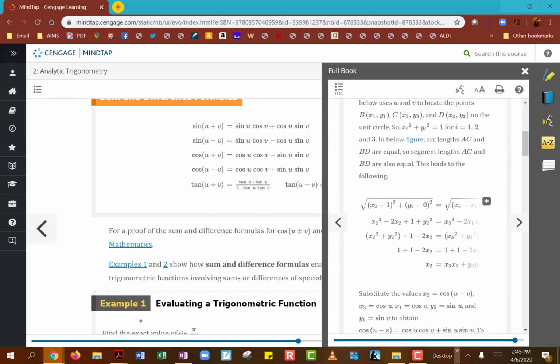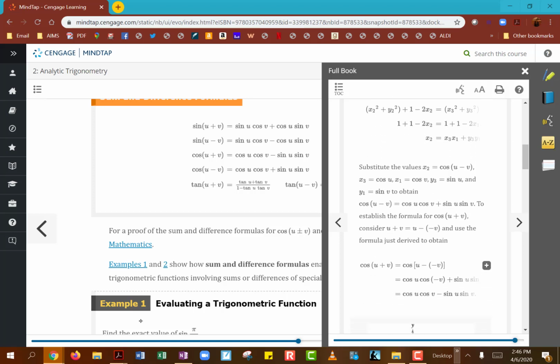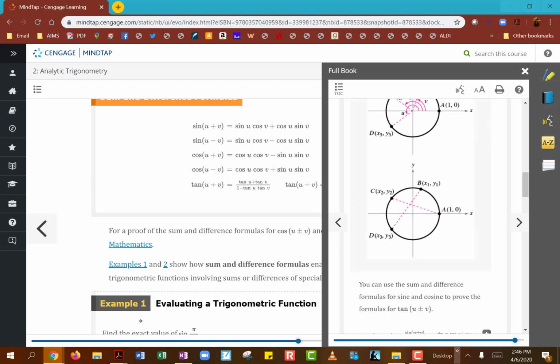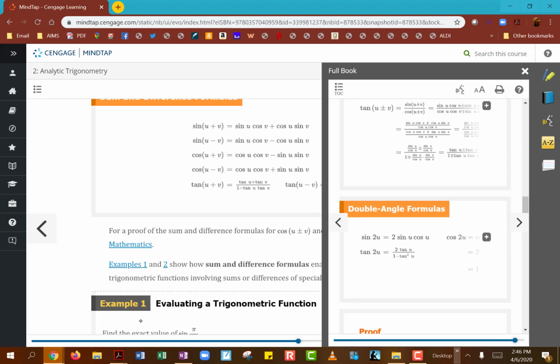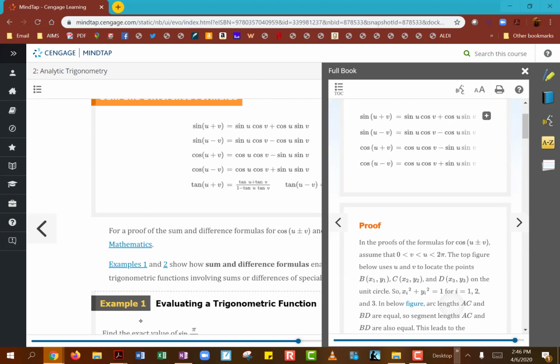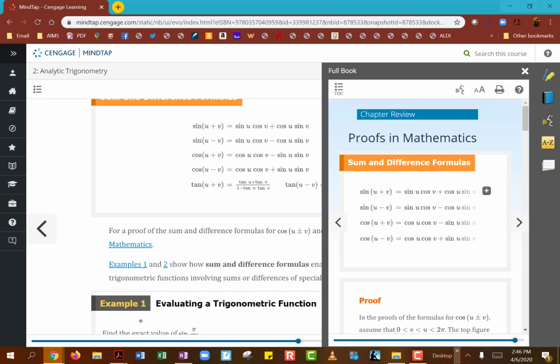They're trying to show you how the left hand side will equal the right hand side and how these rules work out to be. So they have it broken down for all the different rules we will be looking at. So just something that I wanted to show you.